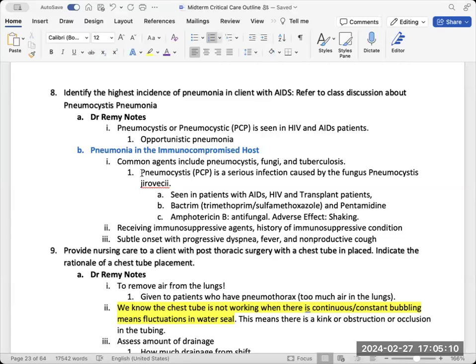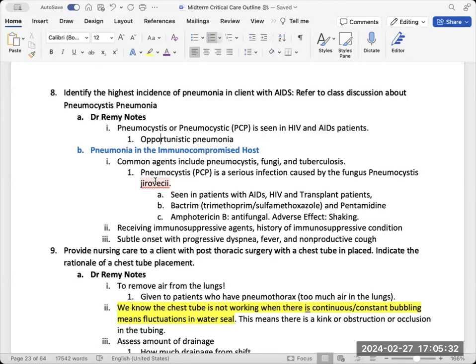They're at risk for Pneumocystis pneumonia, which is also, like I said, PCP, a serious infection caused by a fungus called Pneumocystis. I don't know how to say that one, but it's caused by that fungus, and it's typically seen in patients who are HIV, AIDS, or even transplant patients.